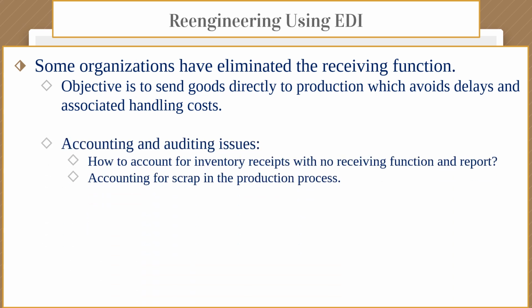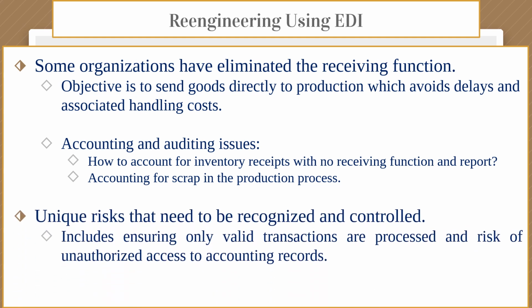The accounting and auditing issues with this are how to account for the inventory receipt with no receiving function and report, and the accounting for scrap in the production process. So they don't have much to ensure the control process if we eliminate the receiving function.